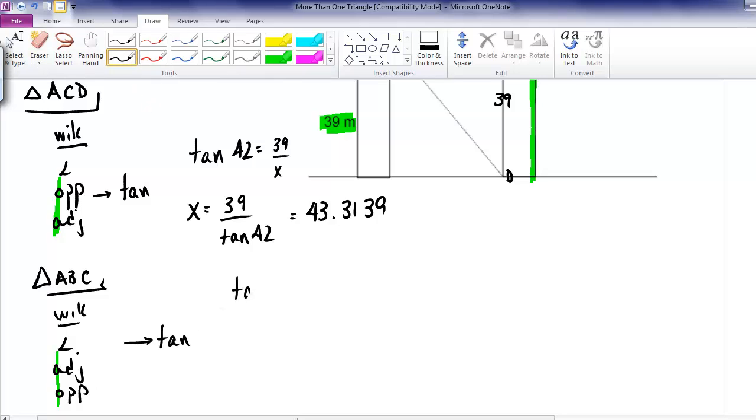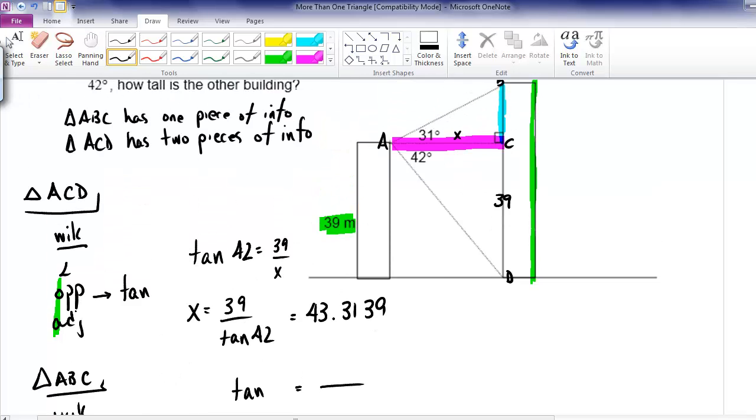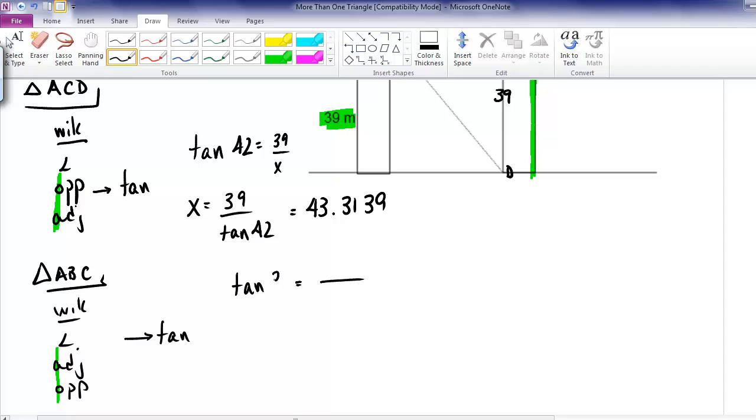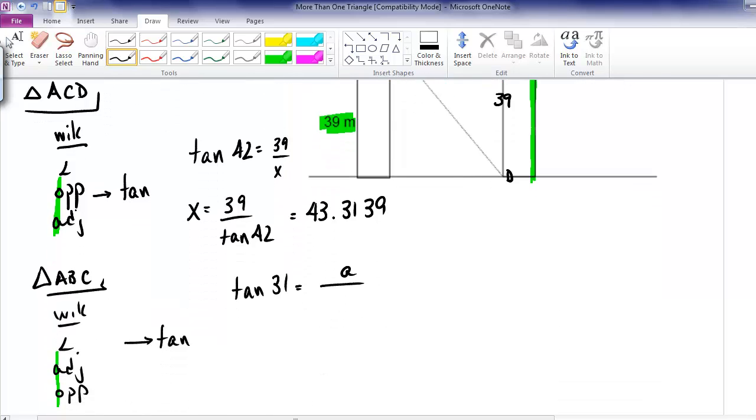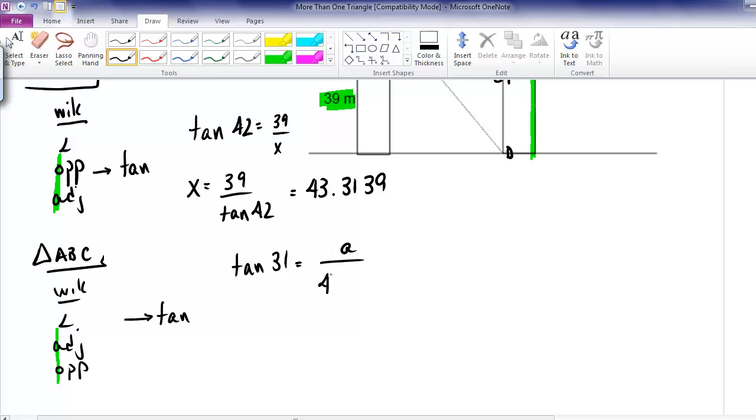In this case, the tangent of the angle, and our angle is 31 degrees this time, is equal to the side opposite, let me call that little a, little a opposite big A, over the side adjacent, which is 43.3139. In solving this kind of equation, we multiply the 43.3139 over to clear the denominator.